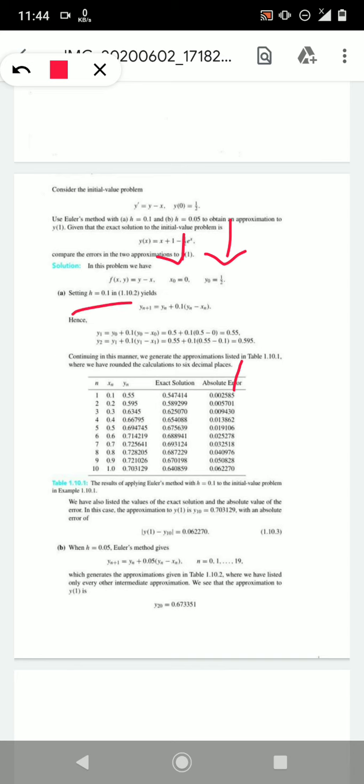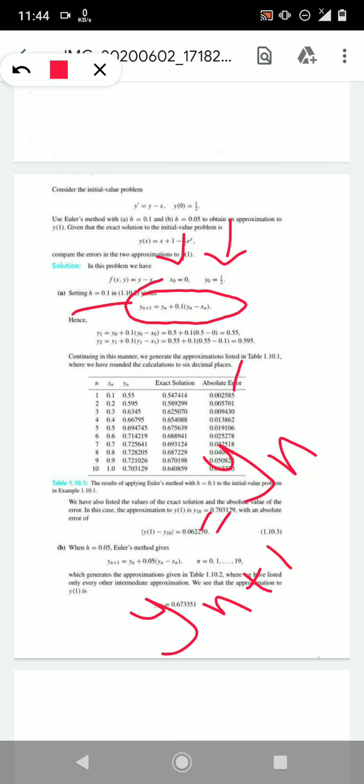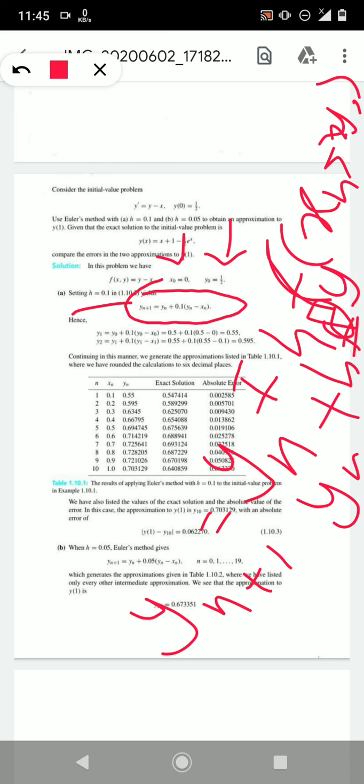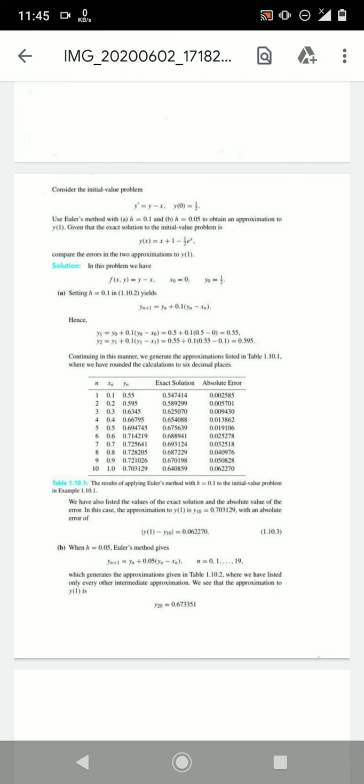Now let h equal 0.1 first. y(n+1) is equal to yn plus h into f(xn, yn), that is, the previous function value yn plus h into the derivative dy/dx.